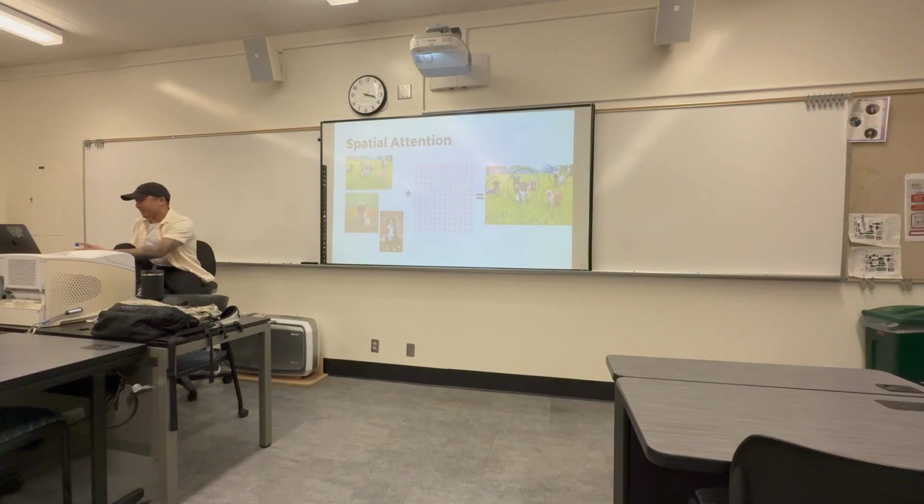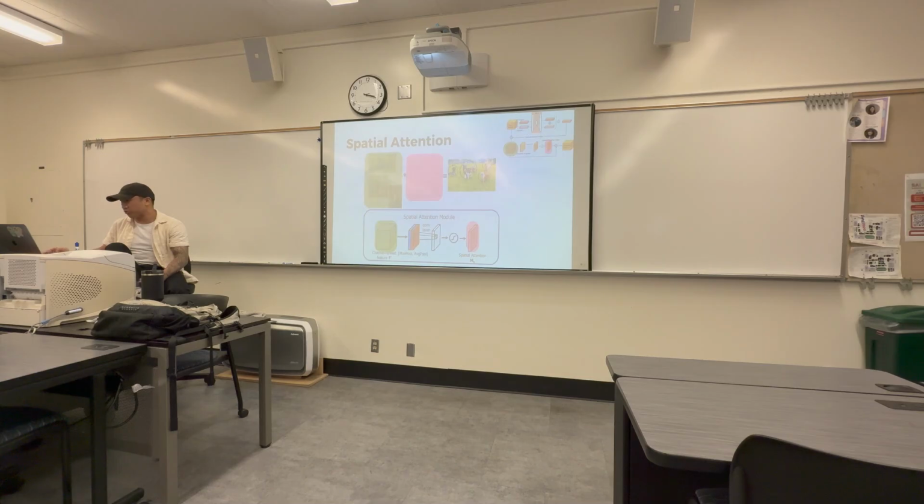Okay, so spatial attention. To recap, what we're generally trying to do is find a single matrix, this pink one, and what we have as our input is F prime, which you can just think of as F, where F has the same exact dimensions as our original input, C by H by W. If we go all the way back to this one, the attention mechanisms are going to be placed here.